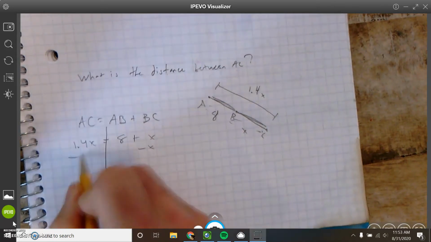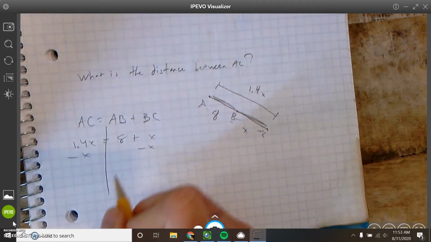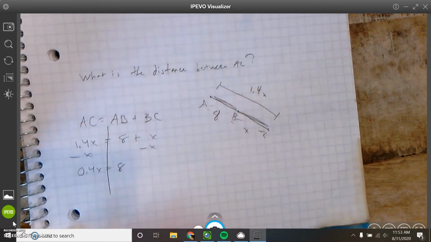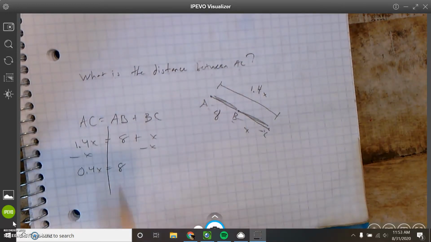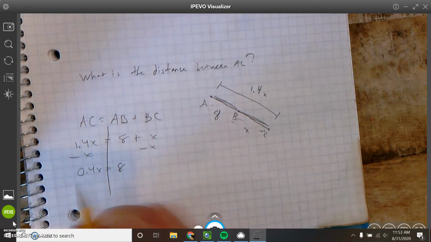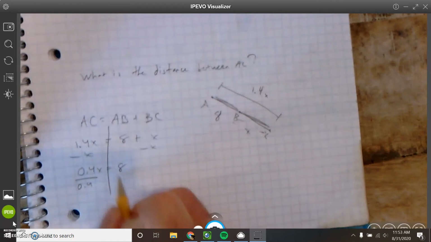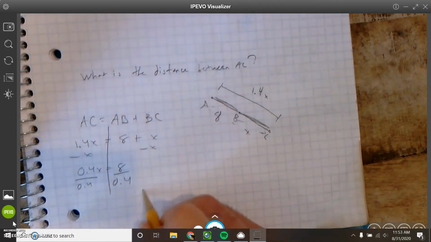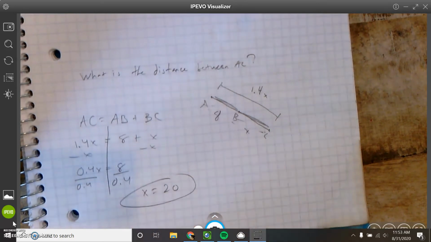Subtract x on both sides, and you have 4/10 x equals 8. Hopefully you got this far, and if not, you can pause the video and fix your answer. So divide by 4/10. So x is going to be 20.